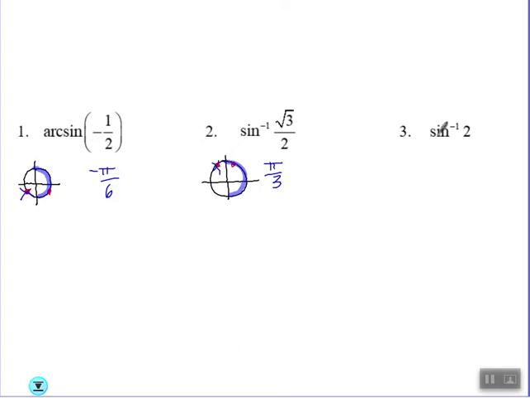Lastly, we have inverse sine of 2. If you think about the unit circle, where is the y value 2? Well, that never happens because sine of x is always less than or equal to 1.